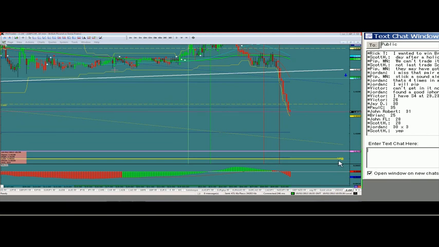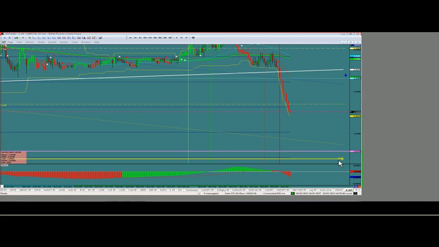Everybody should be at break even or maybe plus 5 or whatever. I'd actually put my stop below the 4250, about 4247, and just sit on it. 42.47 and sit on that sucker.